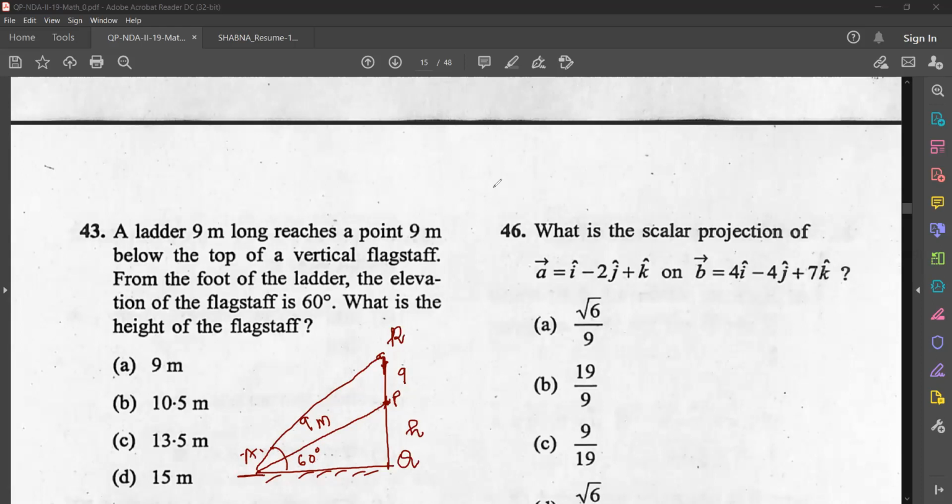See the figure? A ladder 9 meters long reaches a point 9 meters below the top of the vertical flag staff. From the foot of the ladder, elevation of the flag staff means top of the flag staff. That is 60 degrees. We have to find this much height.